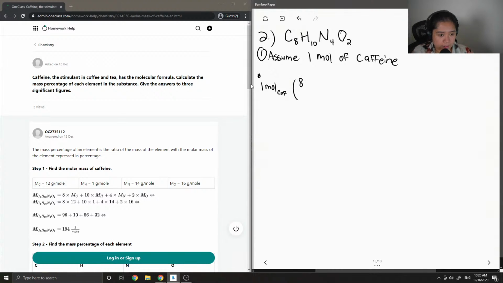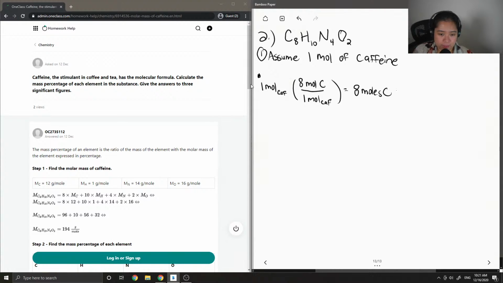If we look at our chemical equation, you'll see that there are 8 moles of carbon for every 1 mole of caffeine. So this gives us 8 moles of carbon.